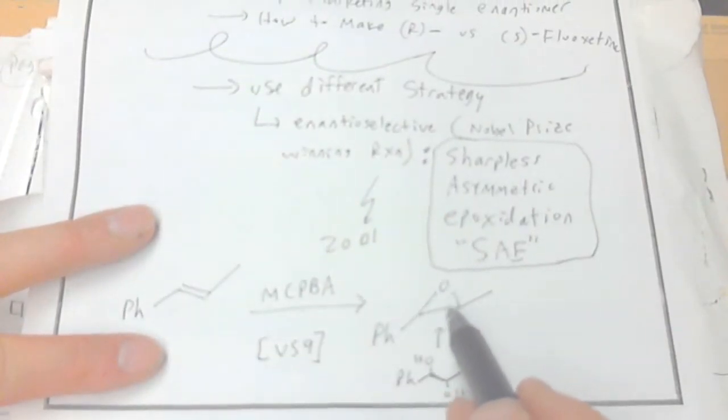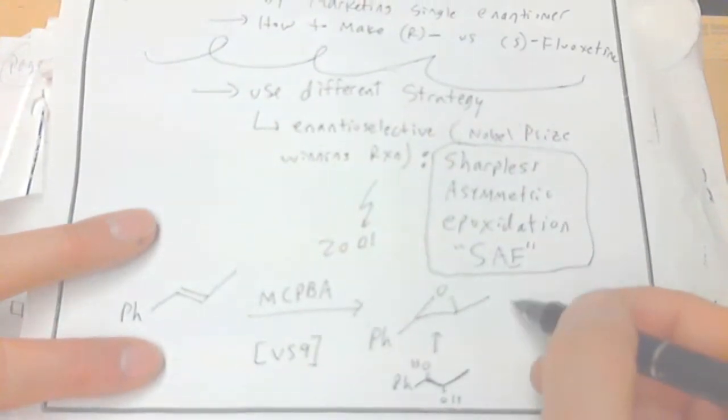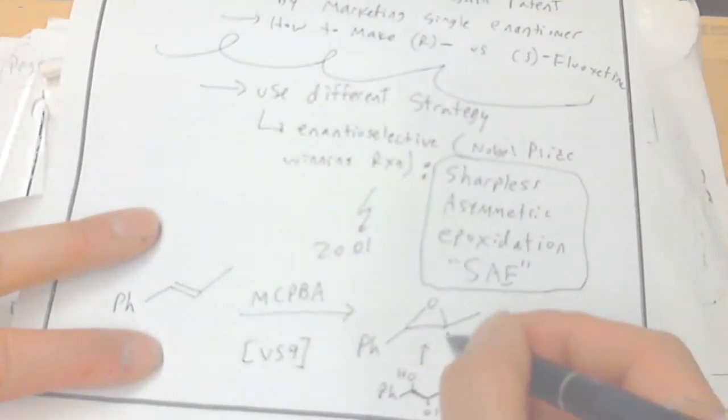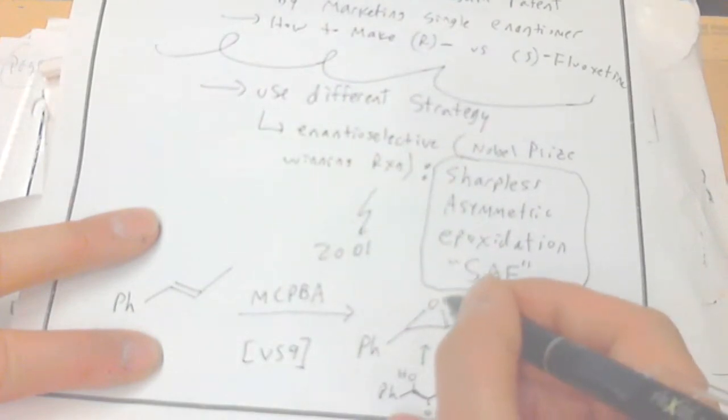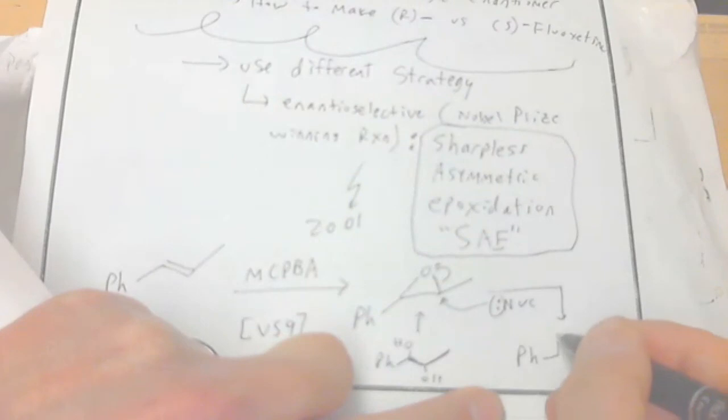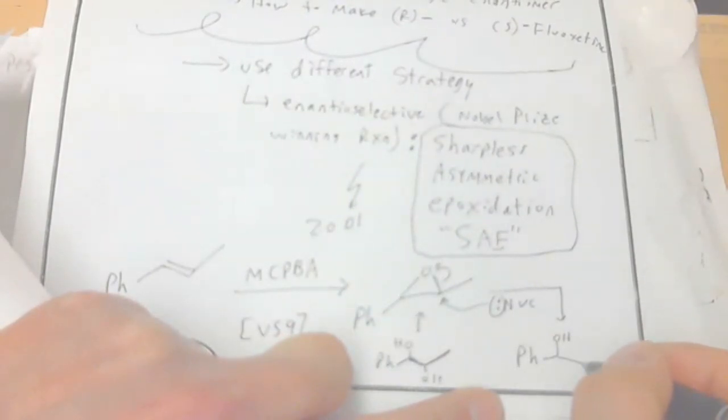What could you potentially do with it? Well, you could react it with a nucleophile. One of the main things you do with an epoxide is open it up. You throw in a nucleophile and it opens it up, and you get an alcohol, right? So that's a review of what an epoxide does.